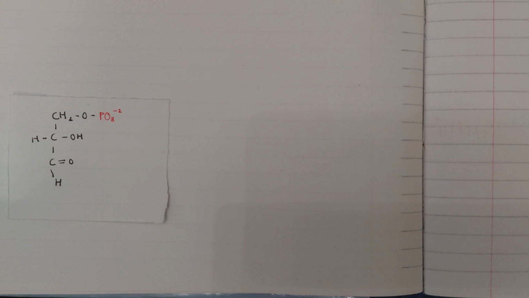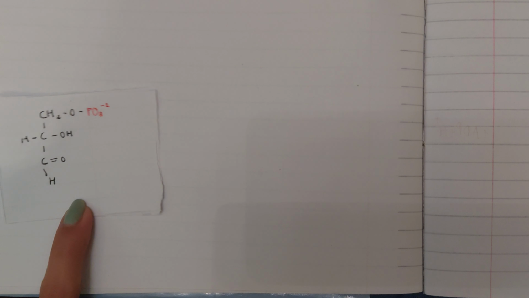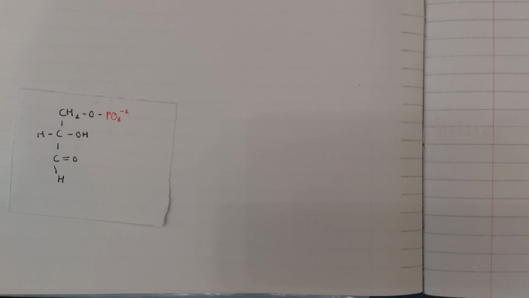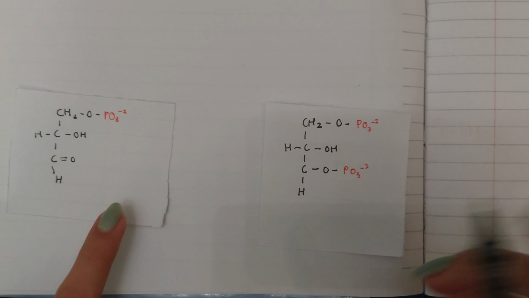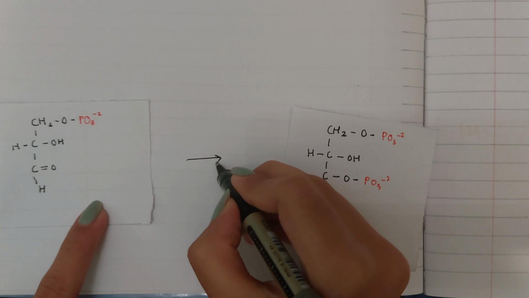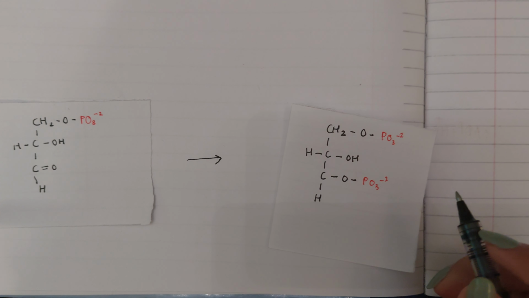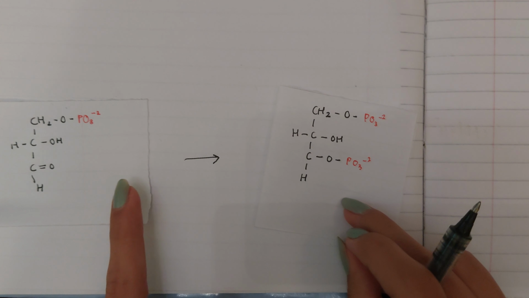Those previous 5 steps were the part of the priming phase, which used 2 ATPs. And now this is the payoff phase, in which ATP and NADH are produced. So the glyceraldehyde 3-phosphate is converted into 1,3-bisphosphoglycerate with the help of the enzyme glyceraldehyde 3-phosphate dehydrogenase.